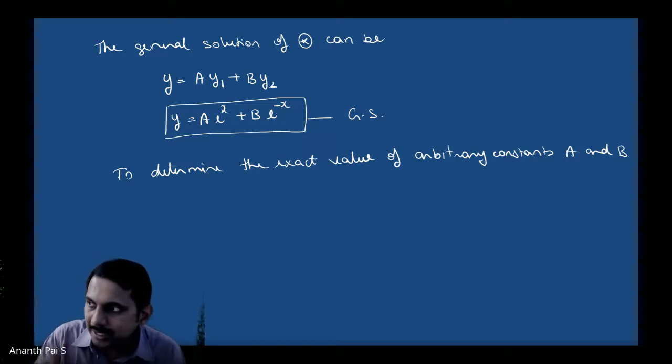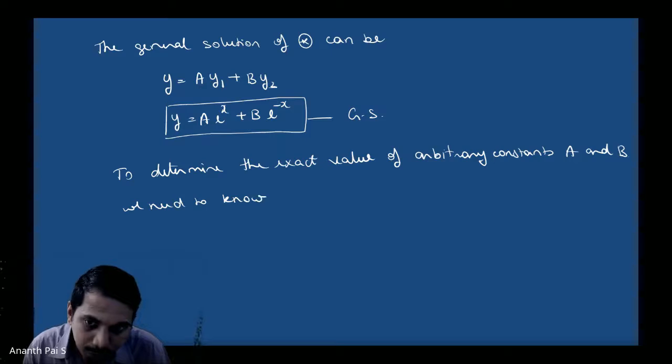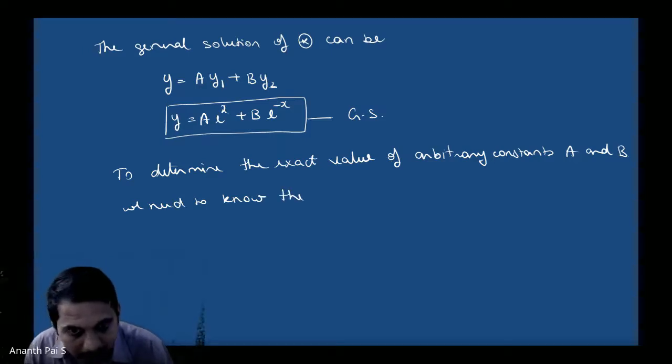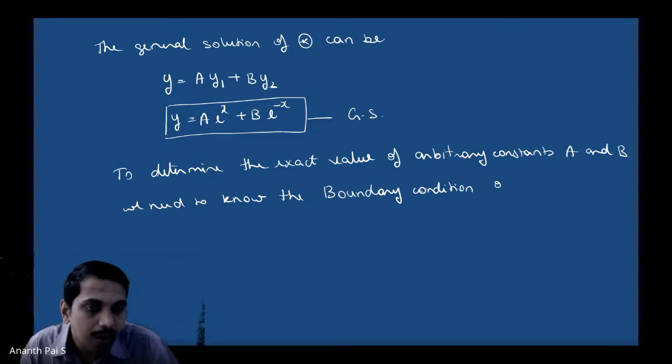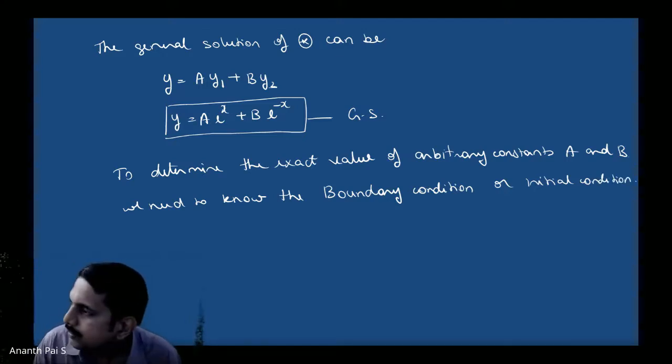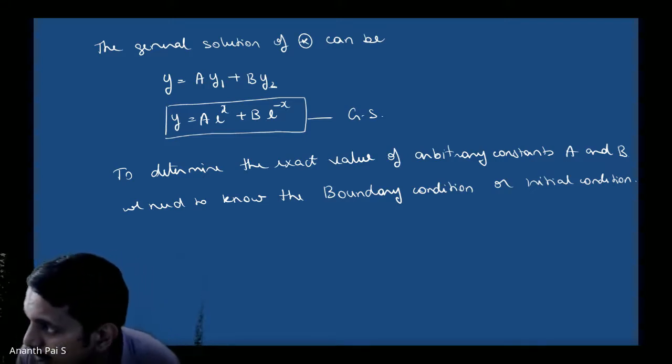To determine the exact value of the arbitrary constants a and b, we need to know either the boundary condition or the initial condition.